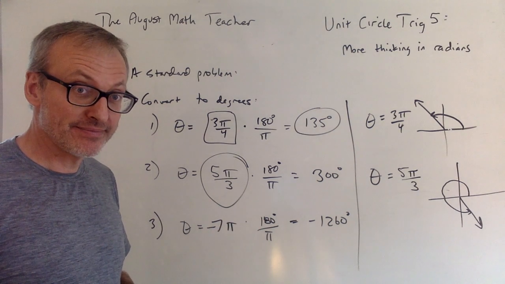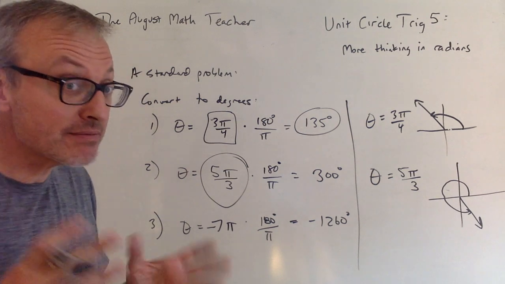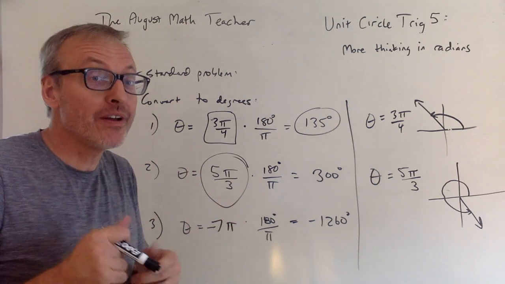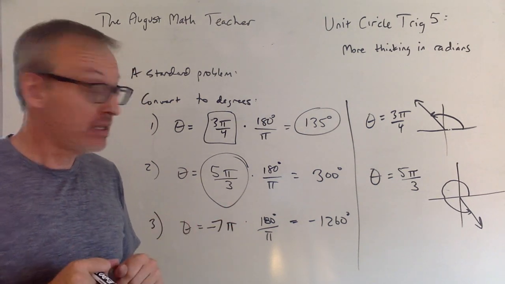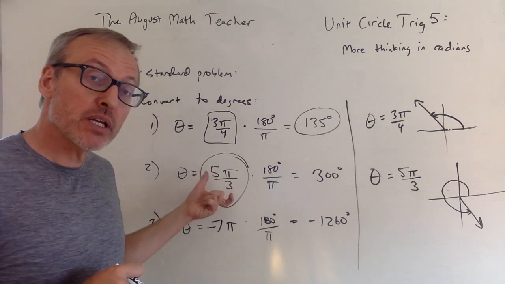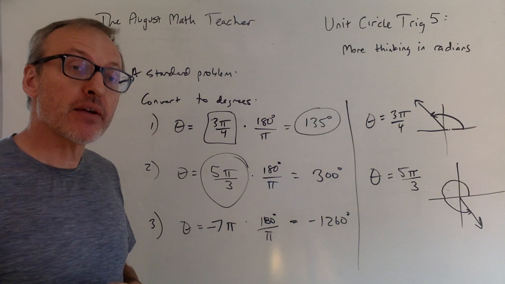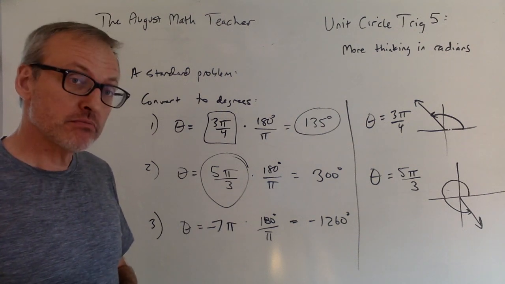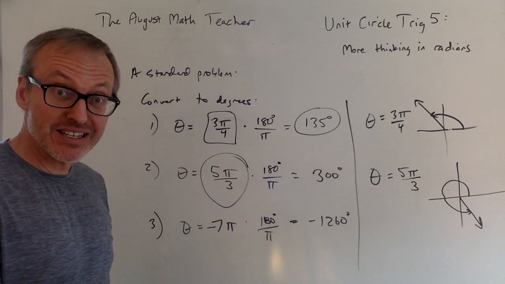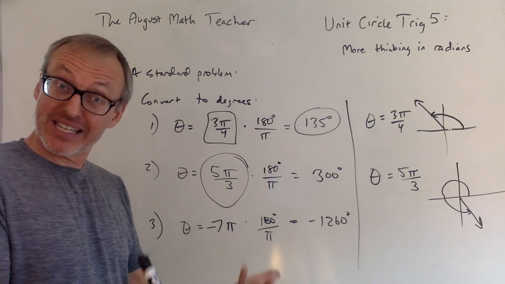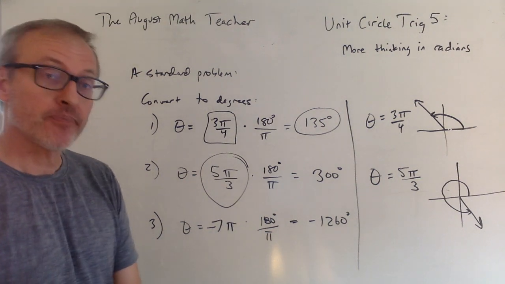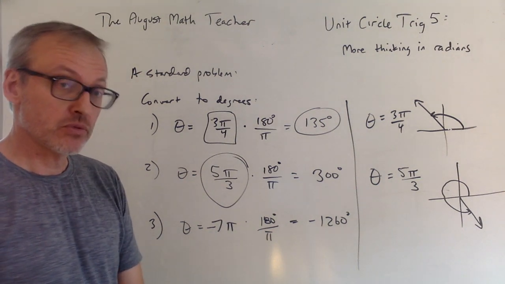You see it? A second way to think about it that you can set as a goal, here's a second way, it's a really good way. 5 pi over 3 is just 1 pi over 3 short of 6 pi over 3. Isn't it? It's 1 pi over 3 less than a full 6 pi over 3. Now I say 6 pi over 3 because what is 6 pi over 3? Well, 6 over 3 is 2.